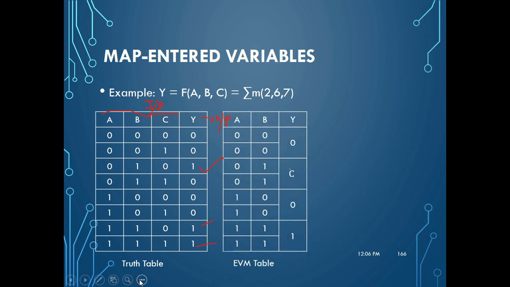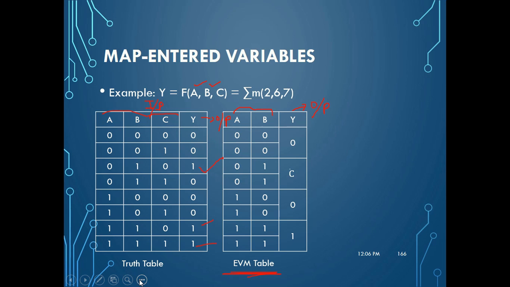Now this is the truth table you have written for this problem, and next you are going to write the entered variable table. Now you have to understand how to write this. Consider that I am going to take two variables as the input and one variable as the output. As I said, you are going to reduce the map by 1 degree.